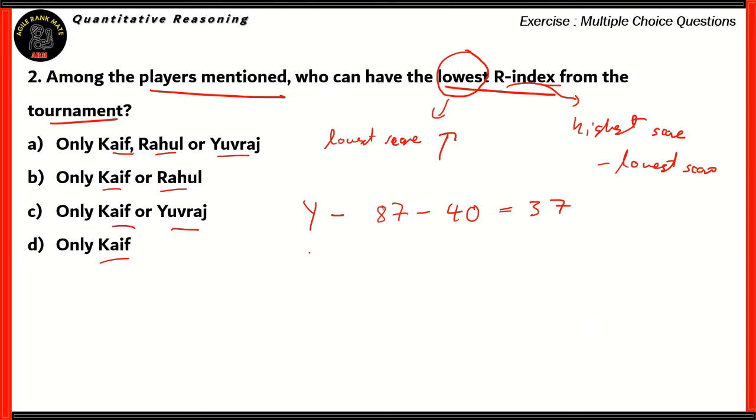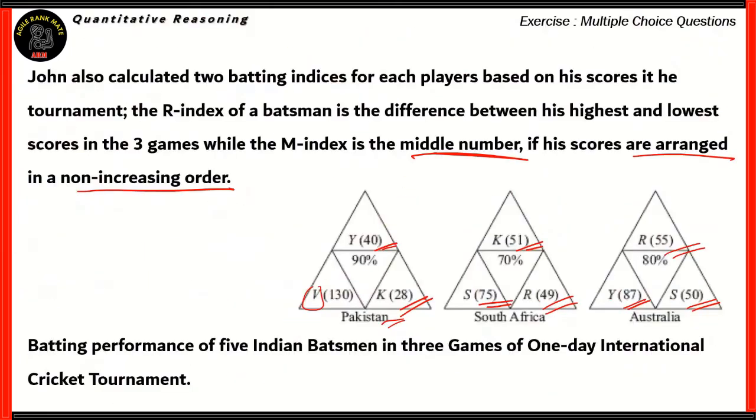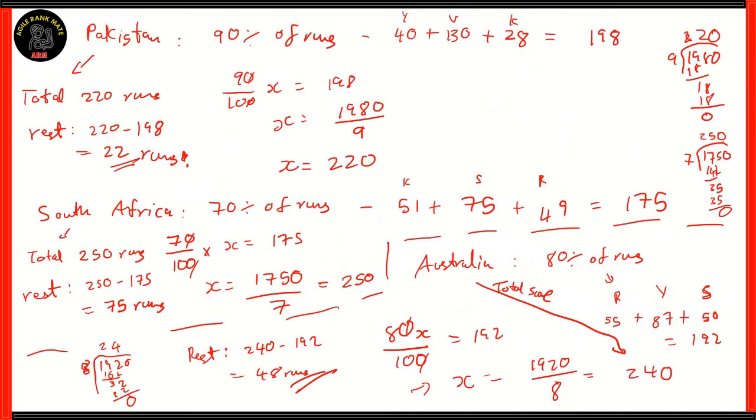Now what about Rahul? In Rahul's case, we have the match against Pakistan, 49 against South Africa, and 55 against Australia. So we can consider that against Pakistan he scored 28, because Kaif is the third highest scorer with a total of 28 runs, and 22 is less than 28.